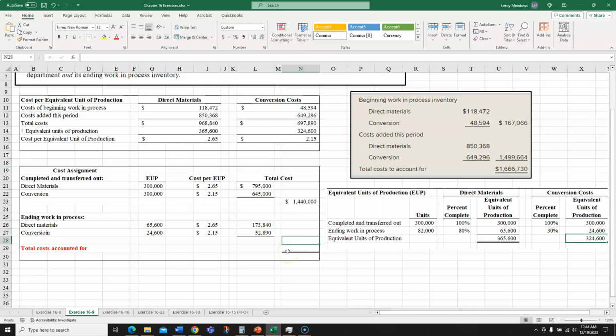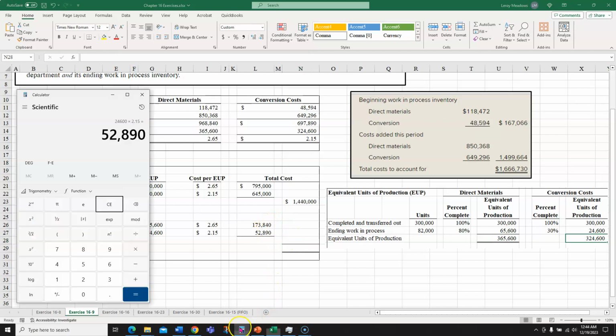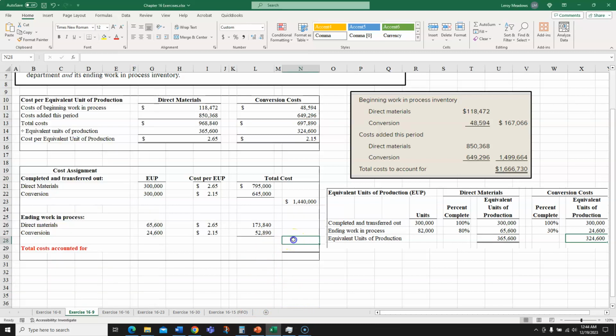So what is the total value of my ending work in process? Well, direct materials plus conversion costs, let's add that together. 173,840 plus 52,890 gives me $226,730. So $226,730.